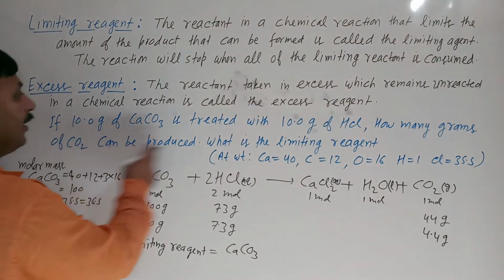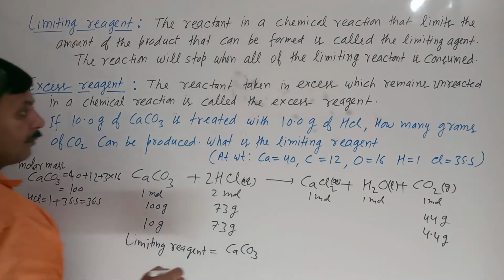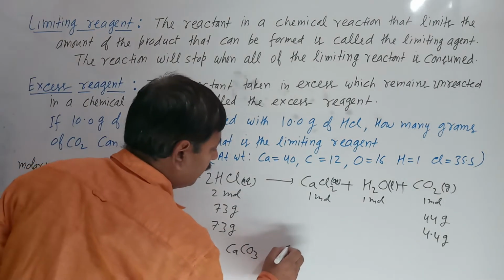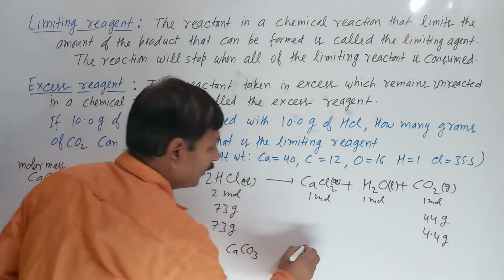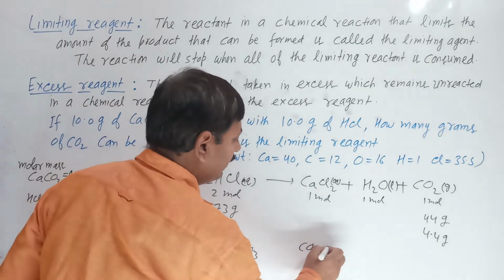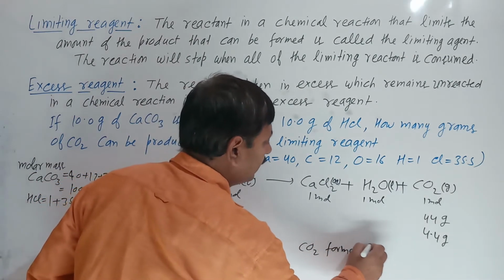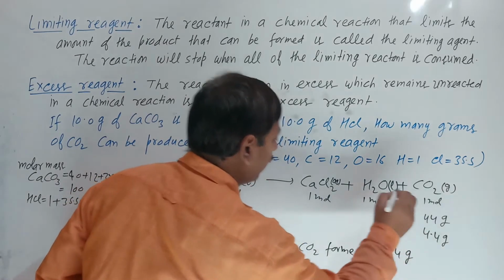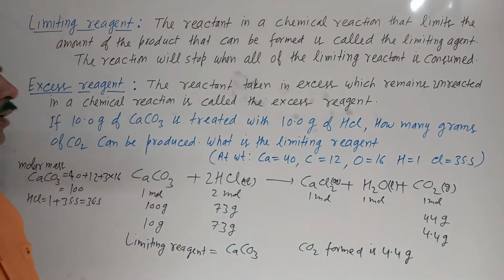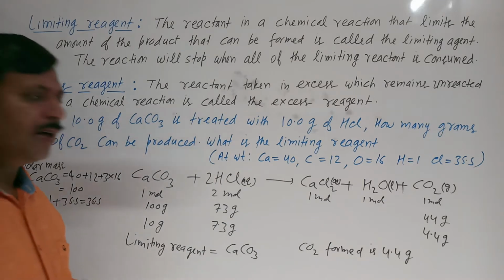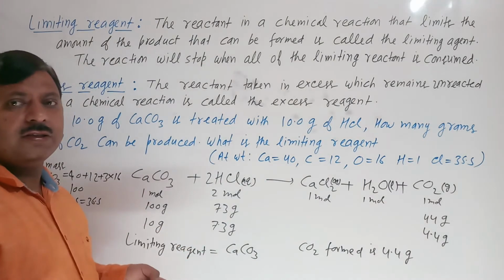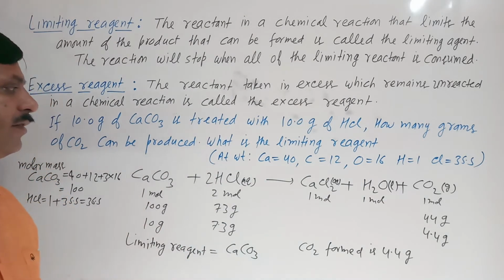So second, how many grams of carbon dioxide form? The carbon dioxide formed is 4.4 gram. And also if they were asking about the excess reagent, how much excess reagent remains unconsumed.